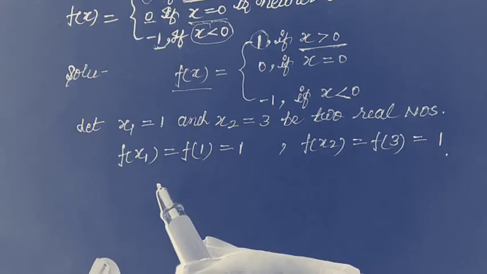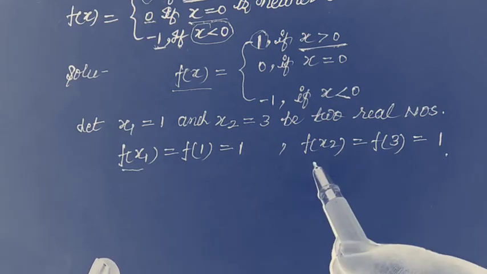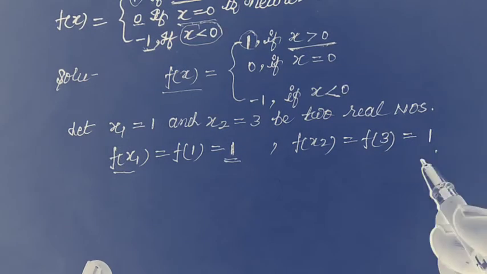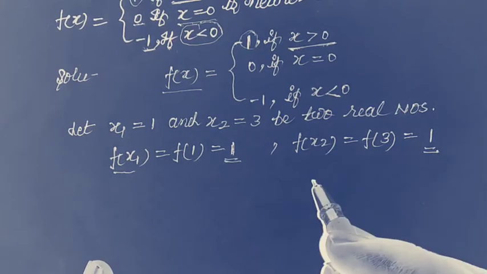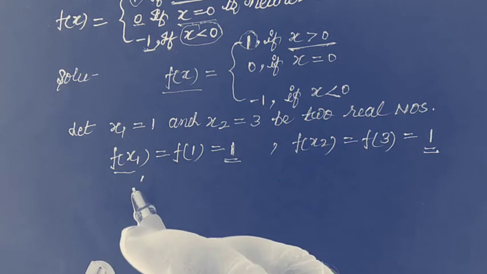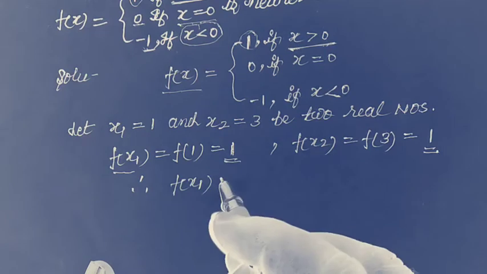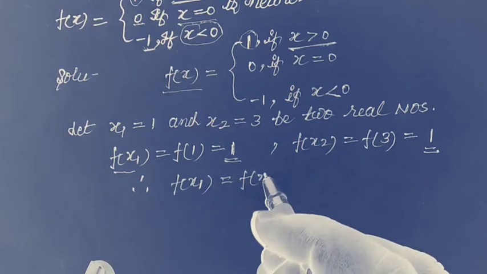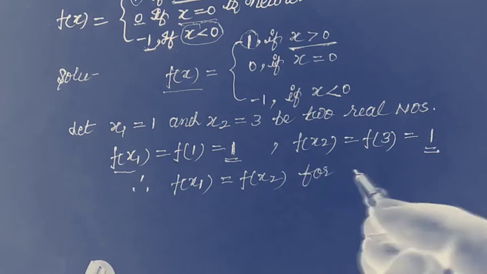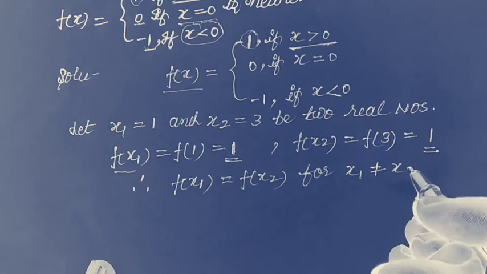So you can see here the values of the function are equal but the elements are not equal. So therefore we can write here the values of the function are equal for x1 not equal to x2.